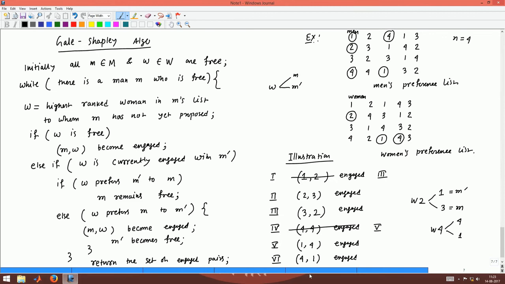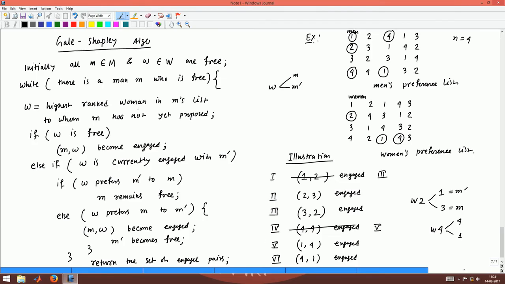and you can see that at this moment after the sixth iteration all the men are engaged. Man 1 is engaged with 4, man 2 is engaged with 3, man 3 is engaged with 2, and man 4 is engaged with woman 1.